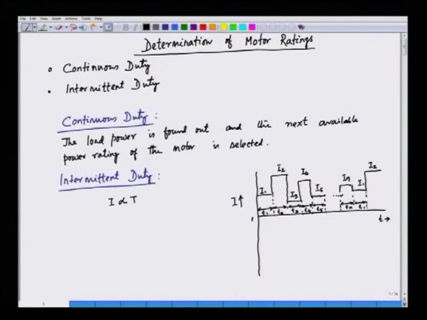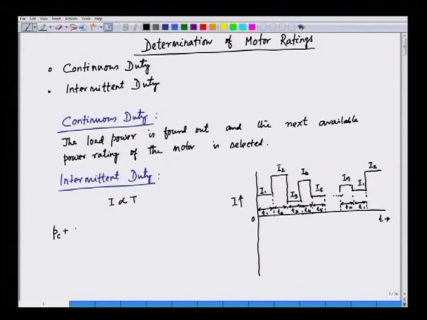Now the question here is how to find out an equivalent current. This current is going to flow in the motor, and the motor will have losses because of this current. Usually a motor has a core loss and a copper loss.